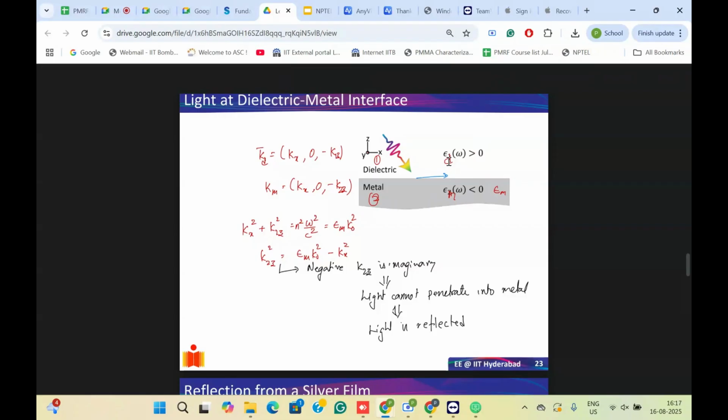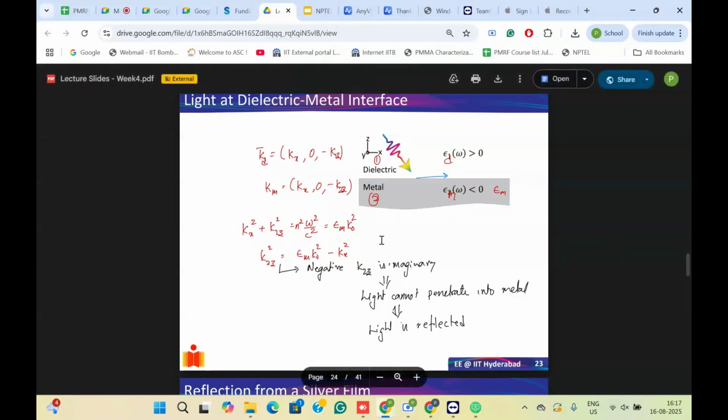For kd, the wave vector in the dielectric, the y-axis component will be zero, and kx and k0 minus kz. Similarly for the metal, we can write the dispersion relation.